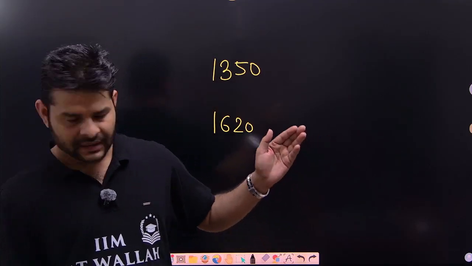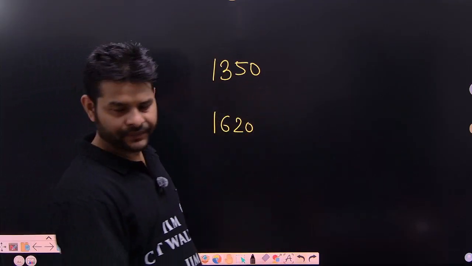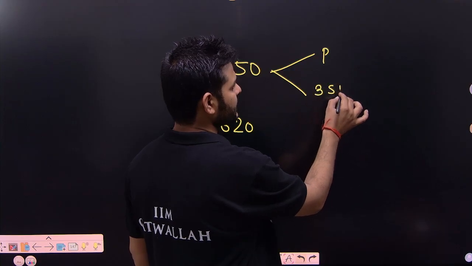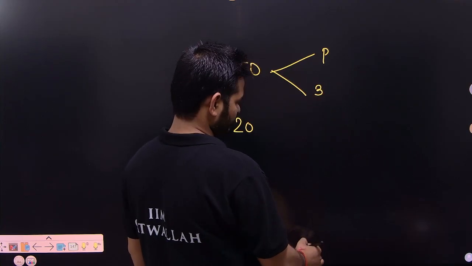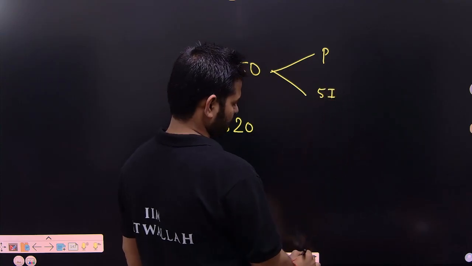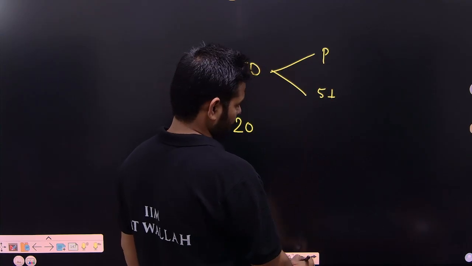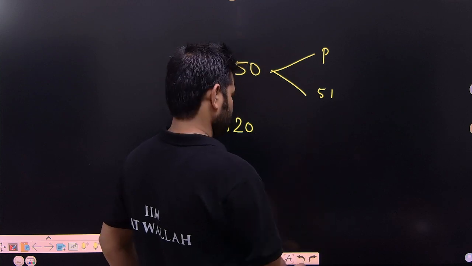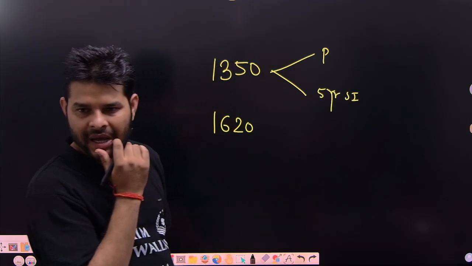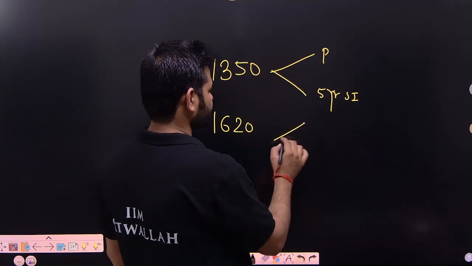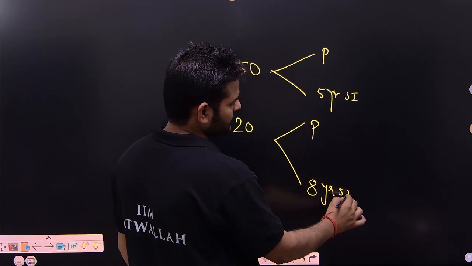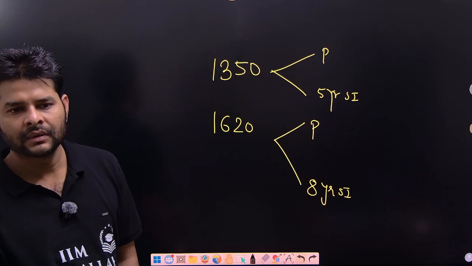So basically this value represents principal plus 5-year SI. Got it or not? Quite clear? Again in this value, principal and 8-year SI. Clear?